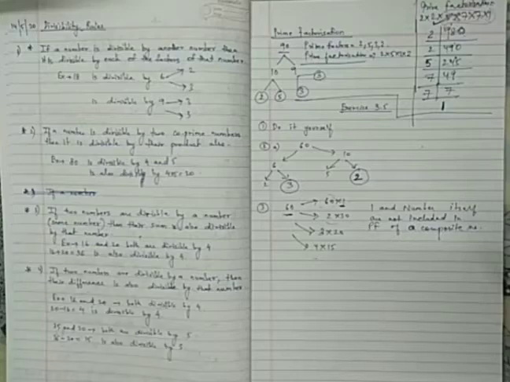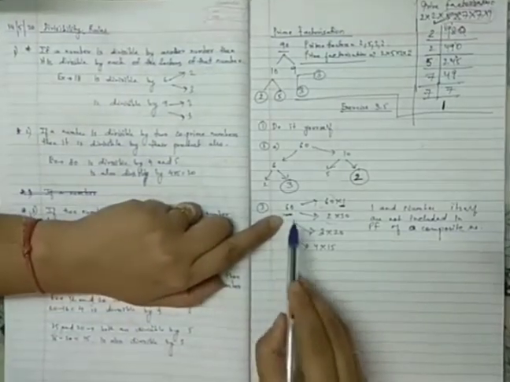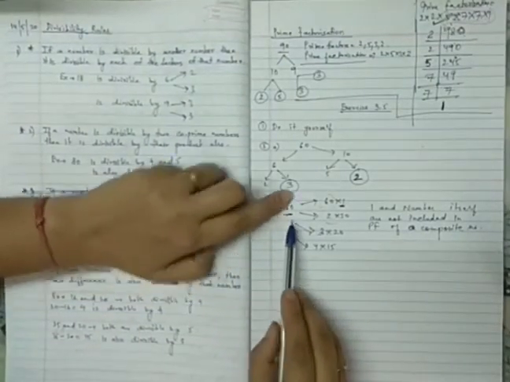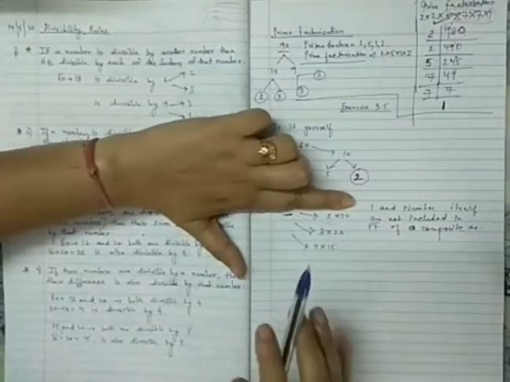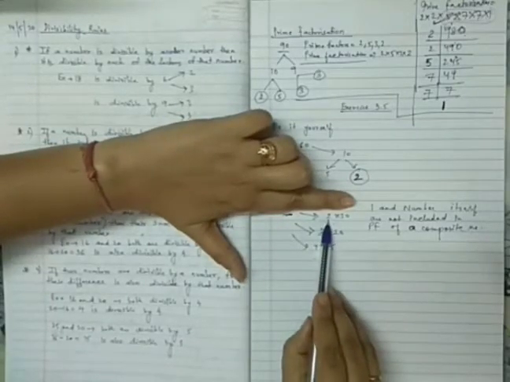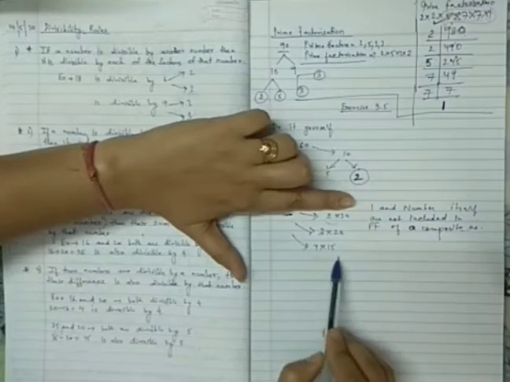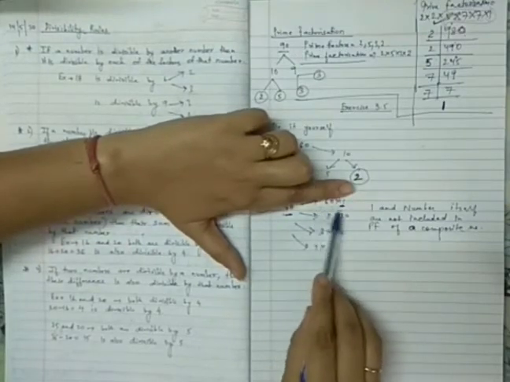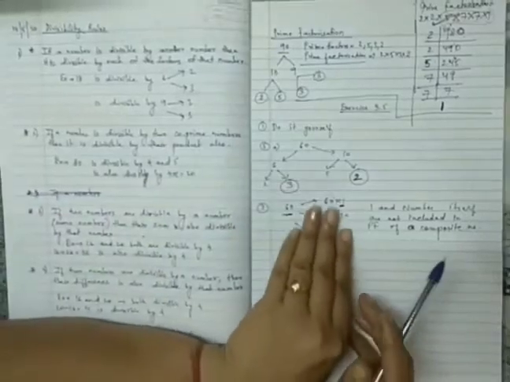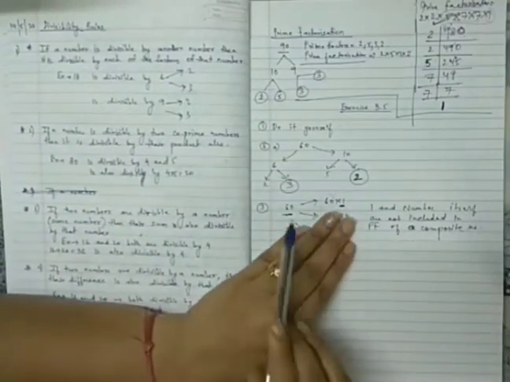So basically, I'll make you understand this question again. This is 60. When you do the factorization, you can always write it as 2 into 30, or 3 into 20, or 4 into 15. You will never write this as 60 into 1, because ultimately you are not finding any factors.